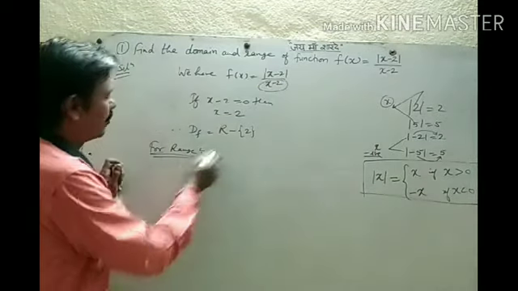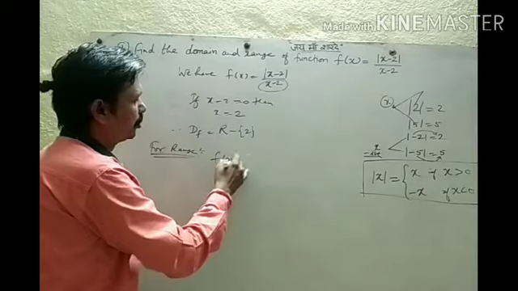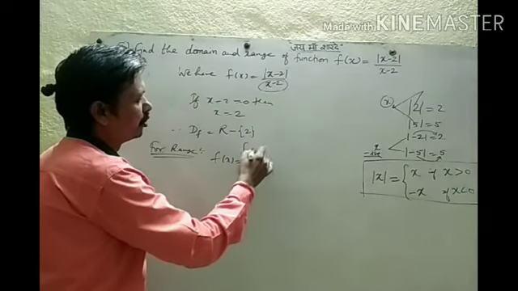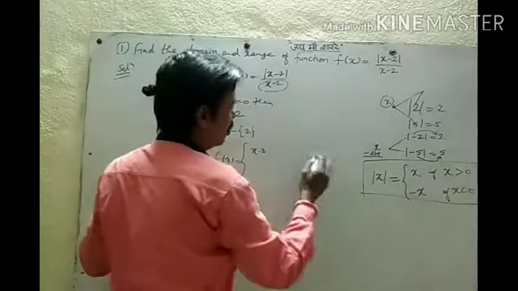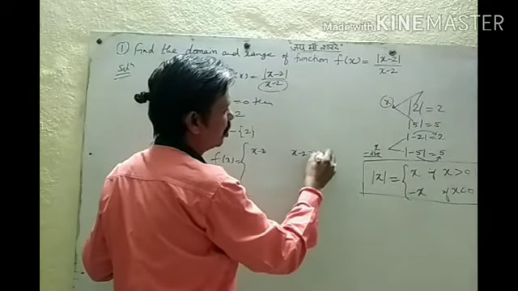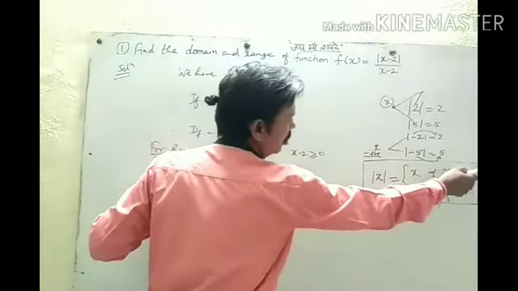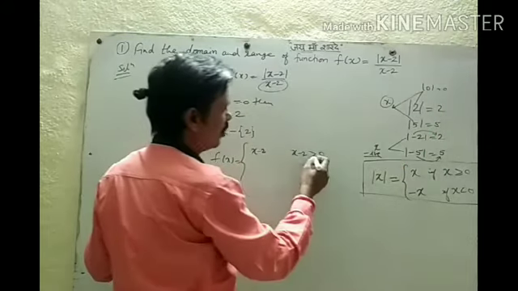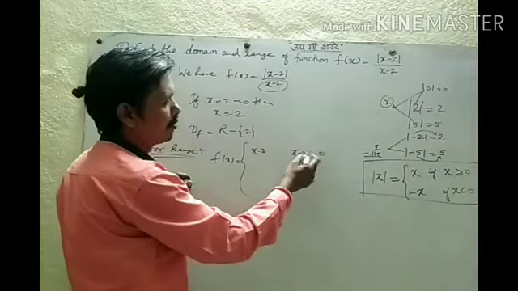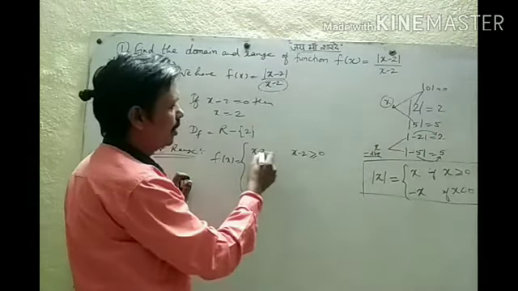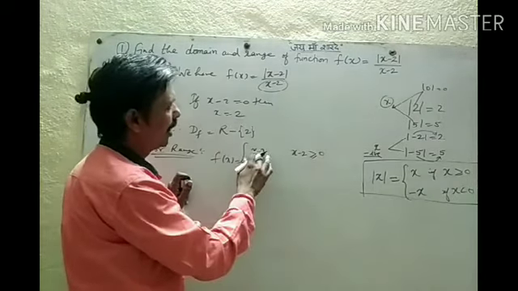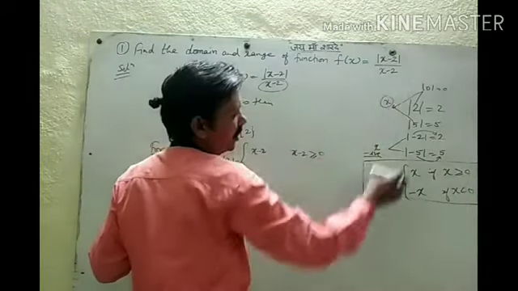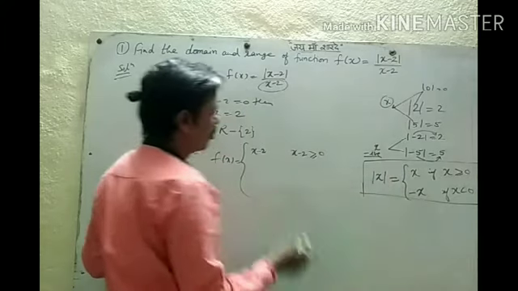So in this function f of x, if you write mod of x minus 2, when x minus 2 is positive, x minus 2 is more than 0, or equal to also you can include, when x is 0, mod of 0 is 0 only. So if x minus 2 is more than or equal to 0, then mod of x minus 2 will be x minus 2. Dividing x minus 2 by x minus 2 you get 1 only.